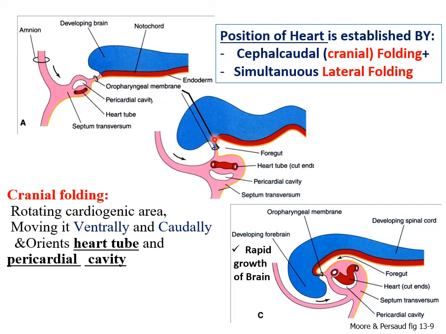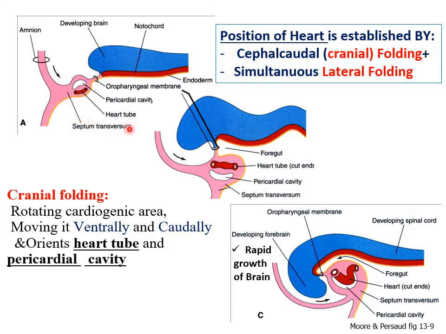The same in the next, other progressive stages of development. And here is the pericardial sac, and here is the heart tube, which will be formed later, as we will see, from right and left primordia. And here is the septum transversum connected to amnion.